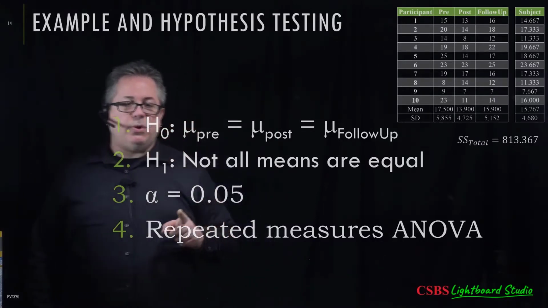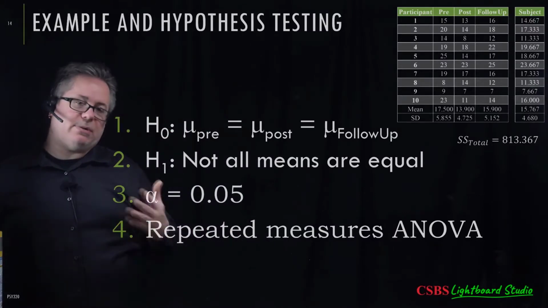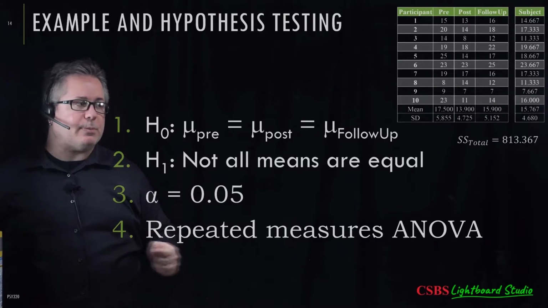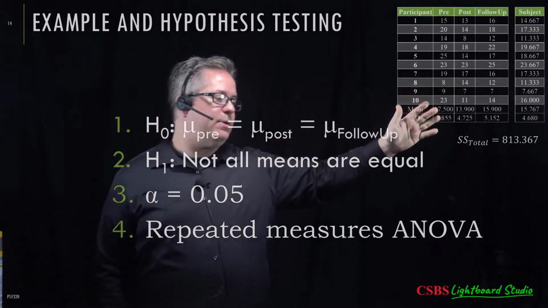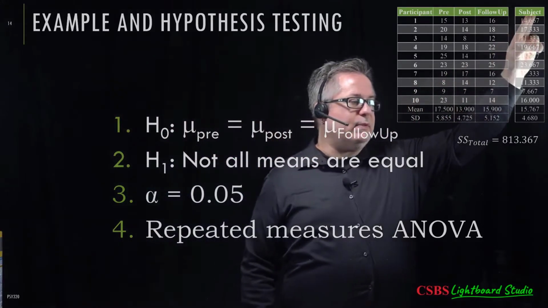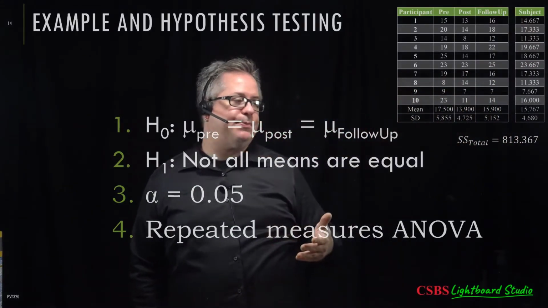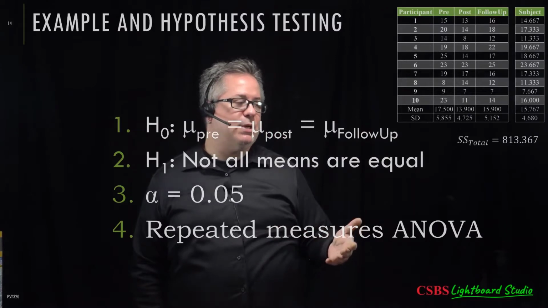So one thing I do note here is to pay attention to the description in a word problem, because the way this is set up, you have the subjects here, but this could be a one-way between groups. It could be a one-way repeated measures, depending on how it looks.